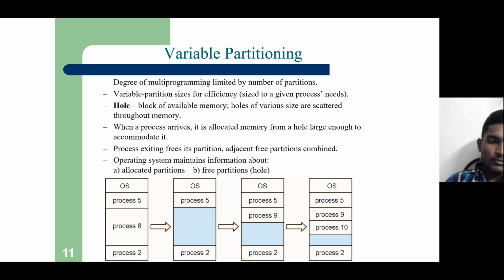When another process has to be loaded into the RAM, process 8 is swapped out to load the other process. And when process 8 is swapped out, process 9 is swapped in, followed by process 10.